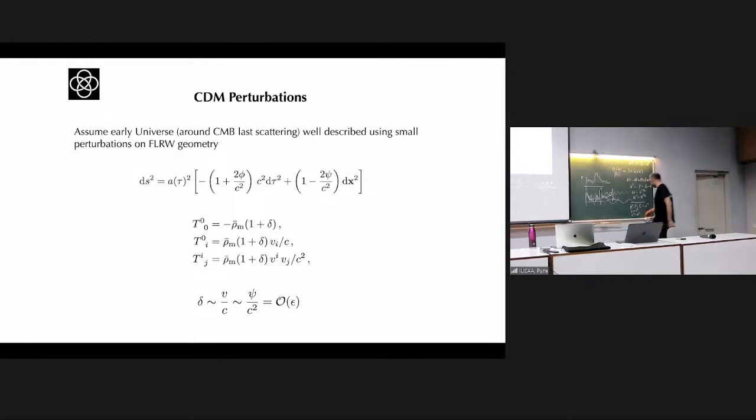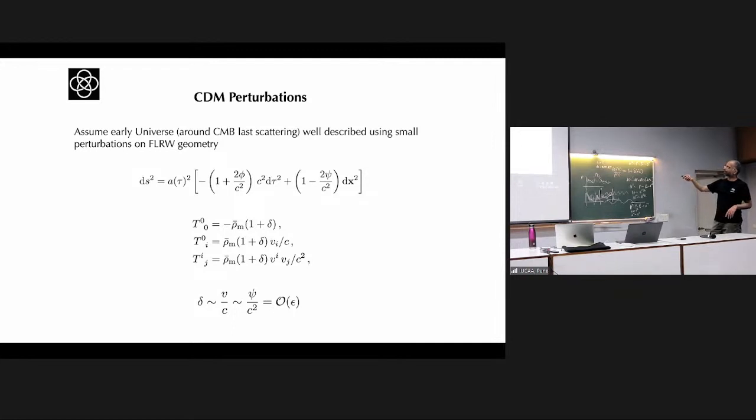All I did was to say that instead of this dt squared, I will transform from t to tau such that dt is equal to a of tau d tau. If I know a of t, then I can also just solve this differential equation between t and tau, to calculate a as a function of tau, or tau as a function of t. Then I get a term that looks like a squared of tau, and that would be the smooth, homogeneous and isotropic metric.